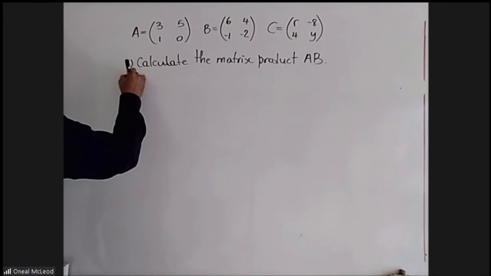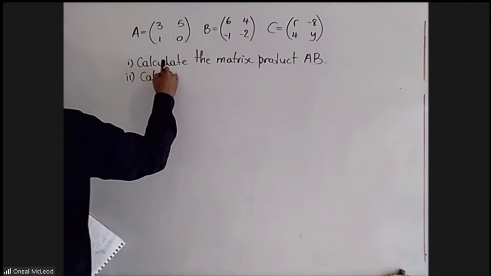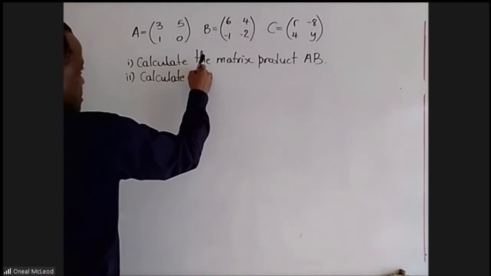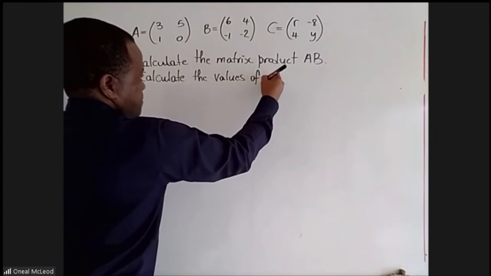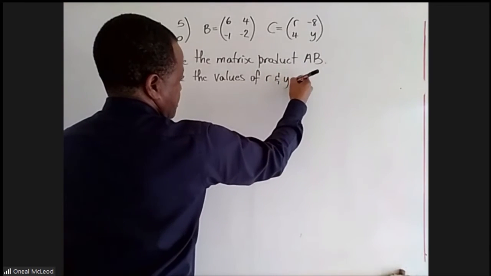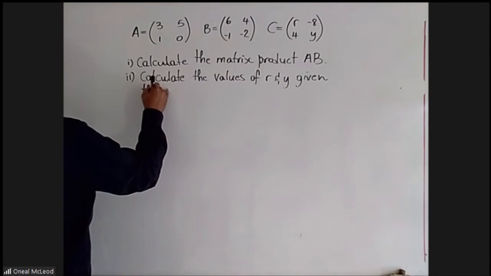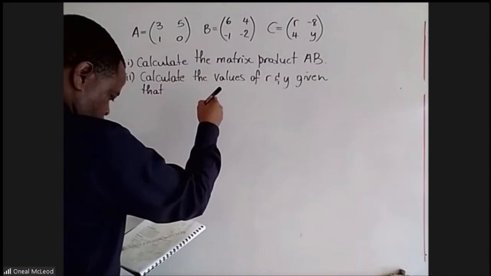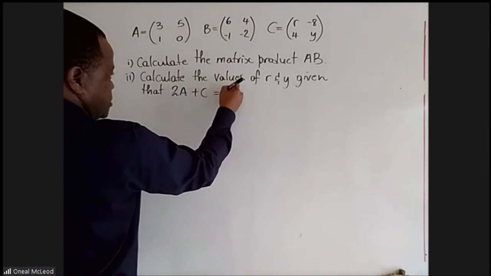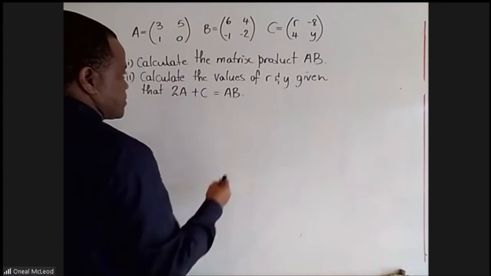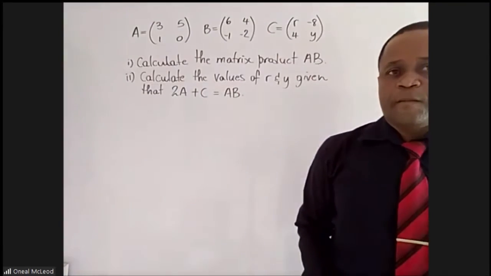Then calculate the values of R and Y, given that 2A plus C is equal to AB. All right? So that's your equal matrix question.